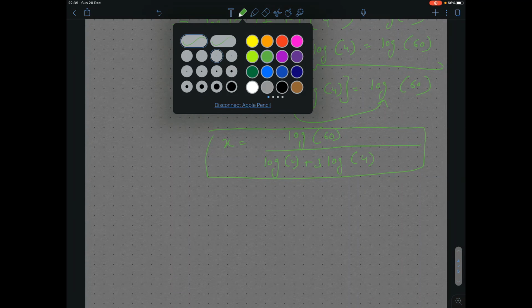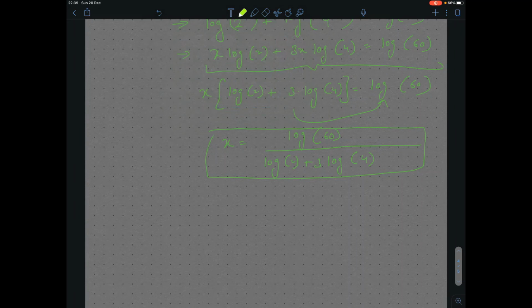I'll just change the colors to write down another example over here. Okay, let's say we have another problem, a second problem over here. We have f of x is equal to 3 to the power of x minus 5 to the power of 2x.